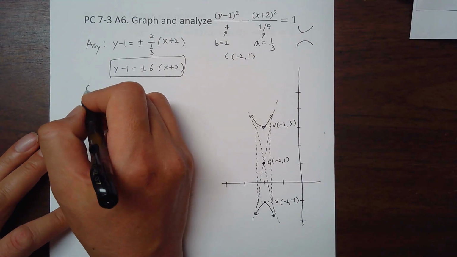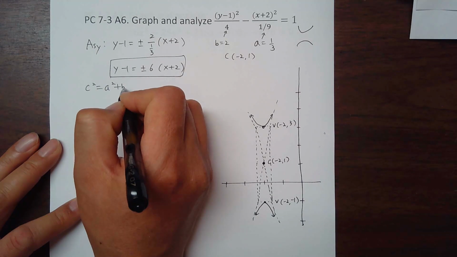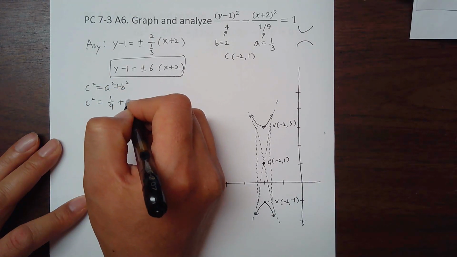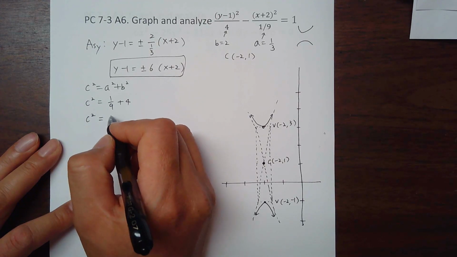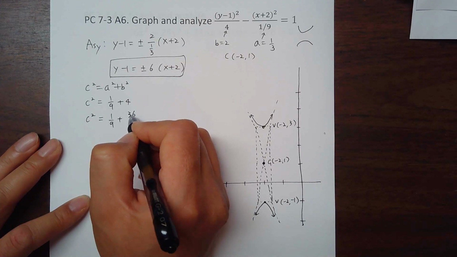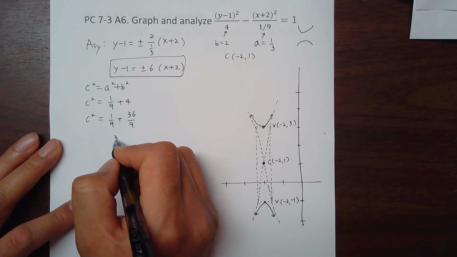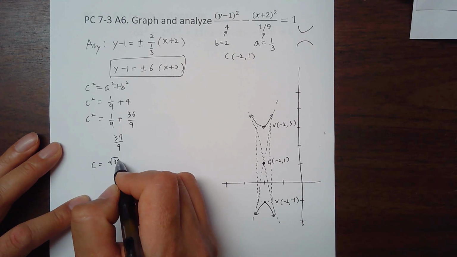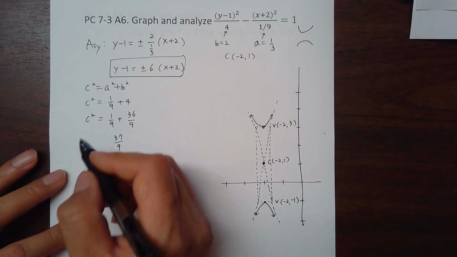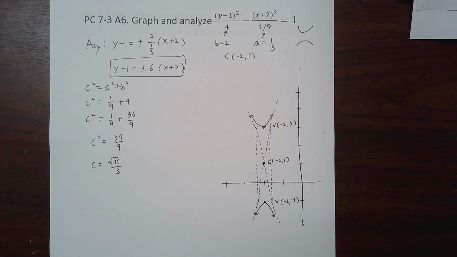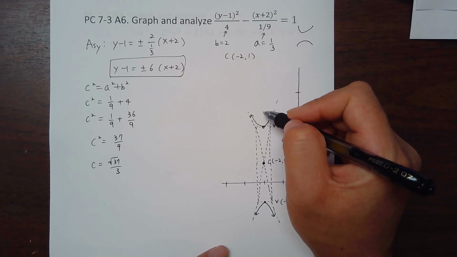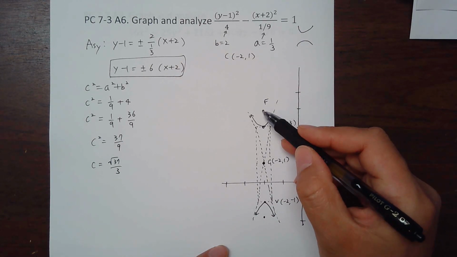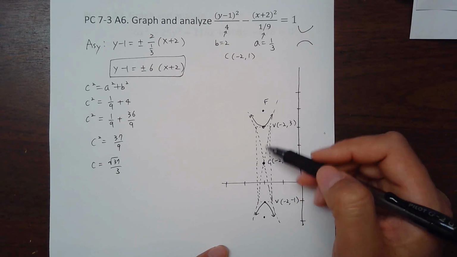Let's calculate c. C square equal to a square plus b square. So c square equal to 1/9 plus 4. C square equal to 1/9 plus 36 over 9, which gives you 37 over 9. So c is gonna be square root of 37 over 3. So foci will be located somewhere over here, somewhere over here, and that distance is gonna be c.